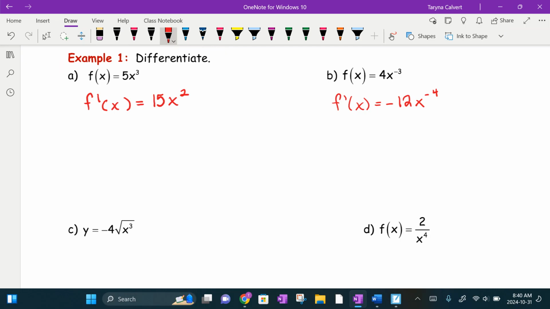Right, we cannot leave, that's one of our rules, guys. You will never leave negative exponents, okay, in any of your answers. So then you would do one quick more step. So negative 12 is fine, but that'll be all over x to the power of 4. And that would be your derivative function.